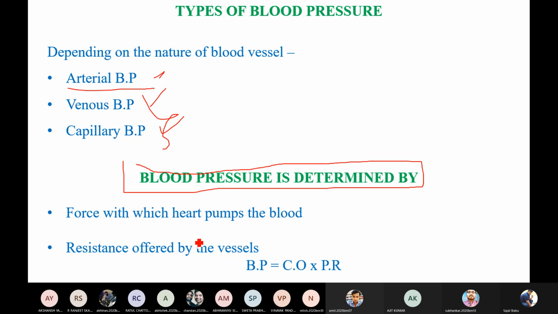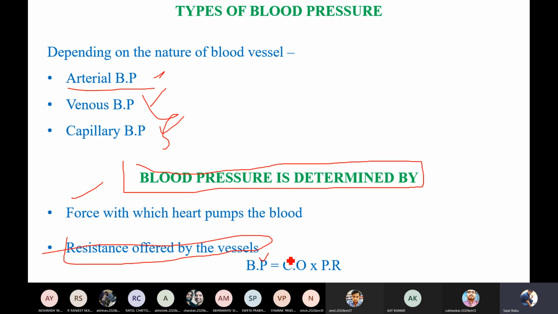So let us see how we can determine the blood pressure. The blood is pumped by the heart itself, so if you know with how much force the heart pumps the blood out, and you know the resistance offered by the vessels, then you can easily find the blood pressure.